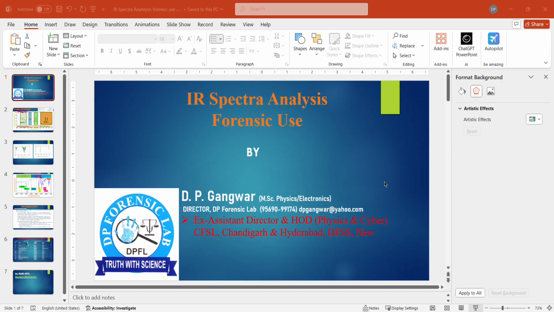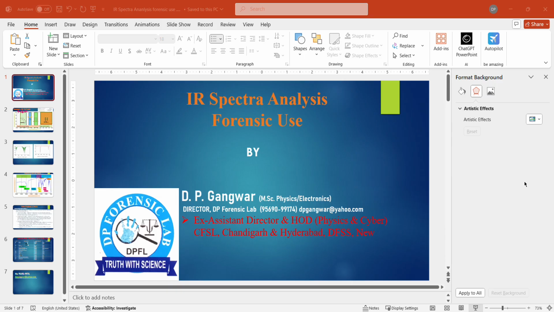This is the fingerprint region, where there are many peaks coming. This is called the fingerprint region, CO, CN, or CC. This is the double bond region, C=C, C=O, or C=N. Then the triple bond region, and this is the OH, NH, and CH stretching. So this can be understood better by this spectrum also.